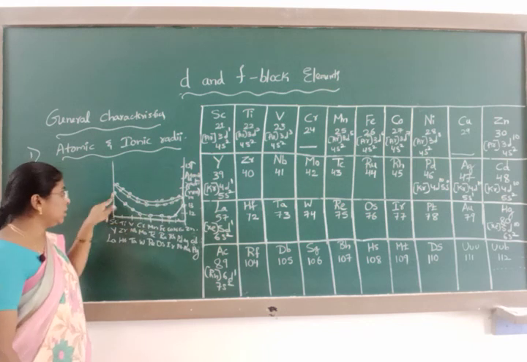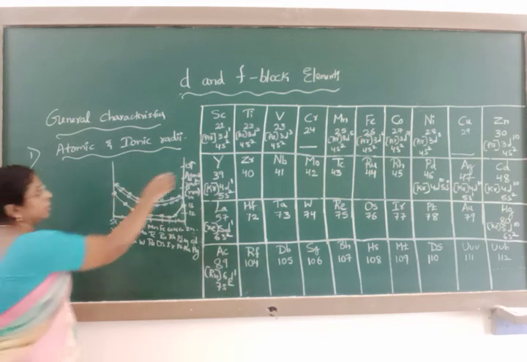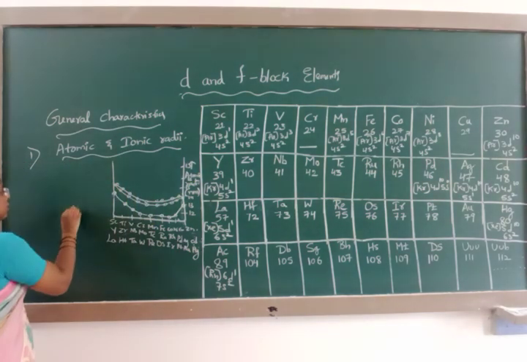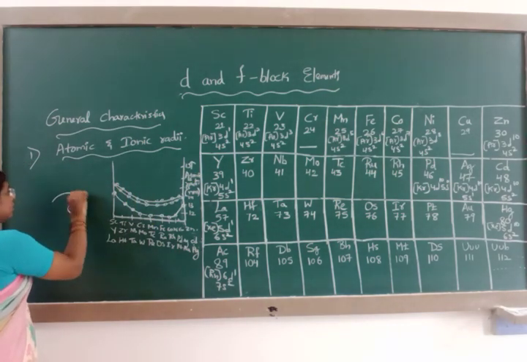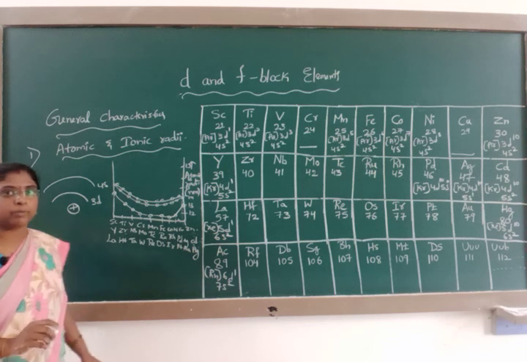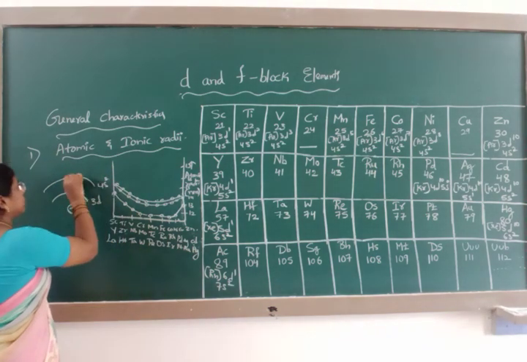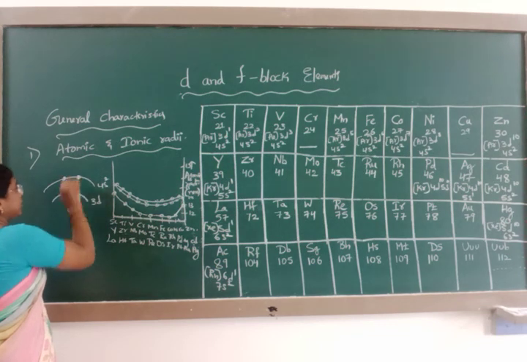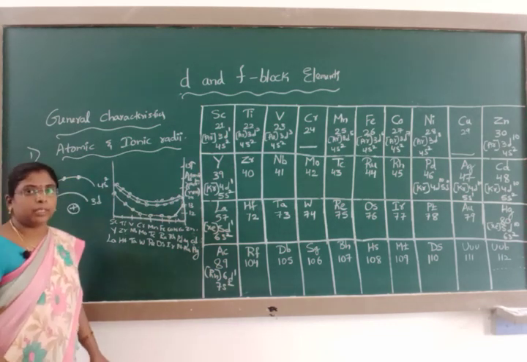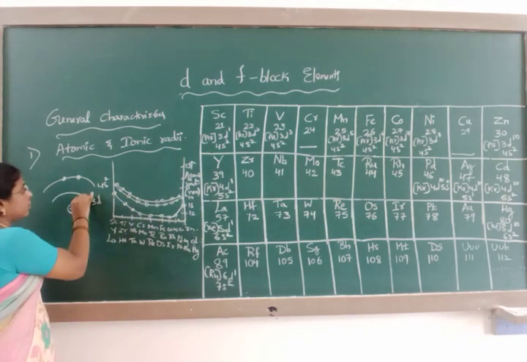Initially, if we see scandium, it has 3d1. If I take this as a nucleus and consider this as the 3d subshell and this is 4s, you know that 4s is completely filled. For scandium it will be 4s2, 2 meaning 2 electrons. 3d1 for scandium, 1 electron.